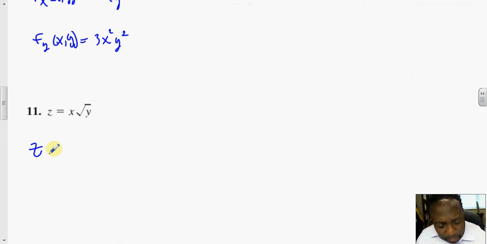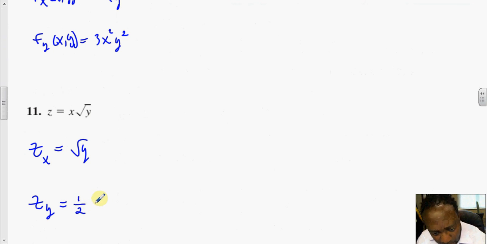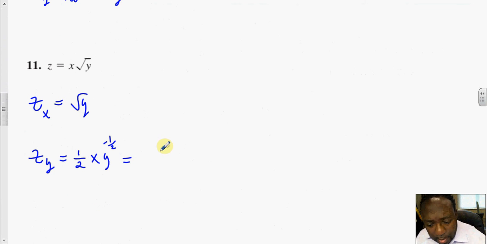The partial derivative of z with respect to x is just the square root of y. Here the square root of y is the coefficient of x. And then the partial of z with respect to y, we look at the derivative with respect to y, and that gives us 1/2 times x times y to the 1/2 minus 1, negative 1/2. And so we can write this as x all over 2 times the square root of y.